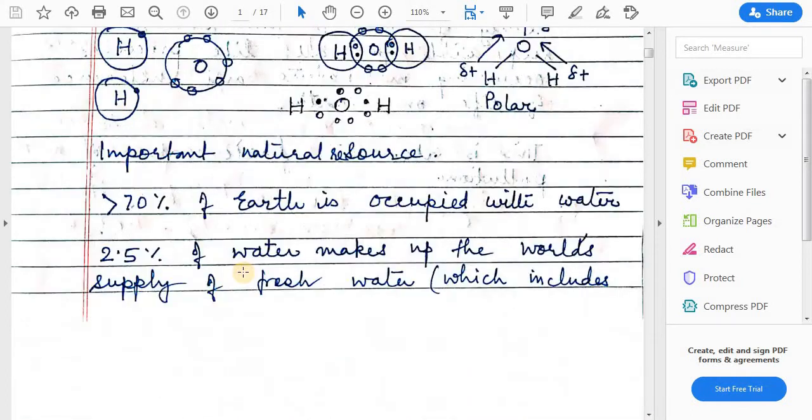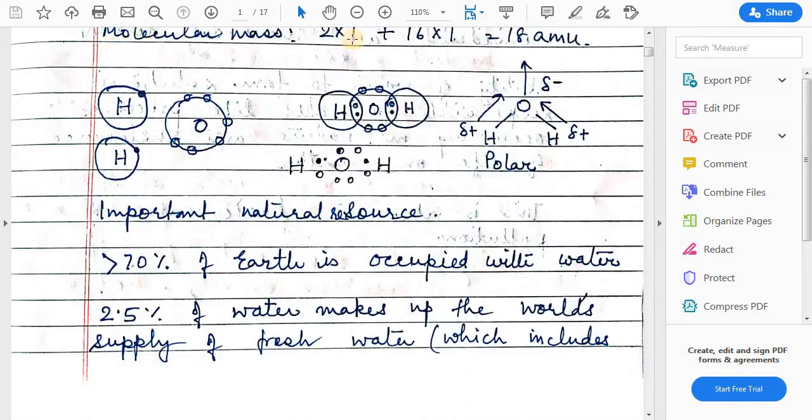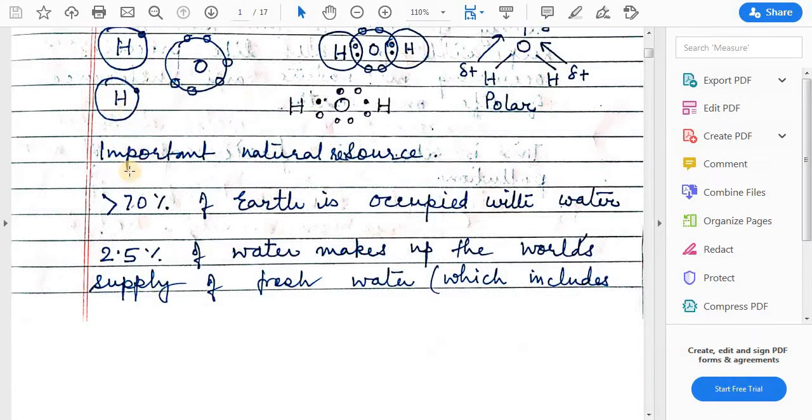See, this is the lone pair of electrons, 2 plus 2, 4. This is the lone pair of electrons. Then you are having the bonded electrons, shown by BE. This is the bonded electron, shown by BE. Here the lone pair is also called non-bonded electrons. So come back to the next one. Details will again be discussed in your bonding chapter, so don't worry about it.